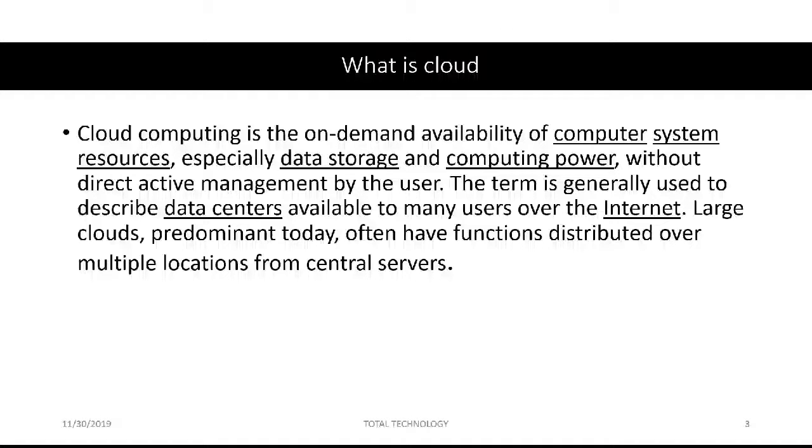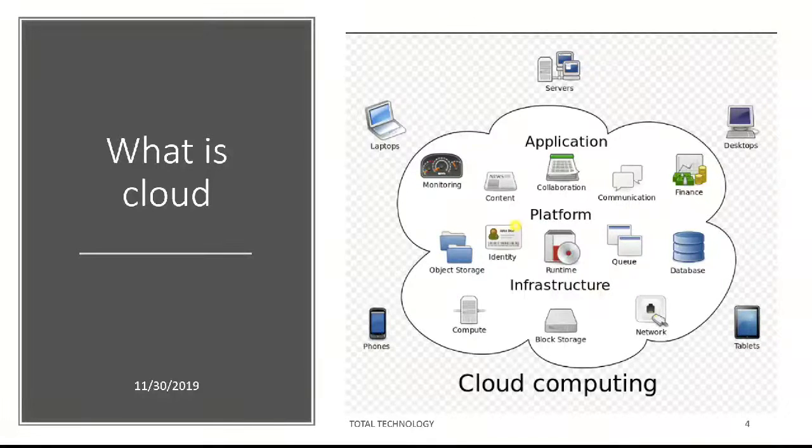So let's move to the next slide. This is a pictorial overview of what cloud computing is today. In a cloud, different types of infrastructure, platforms, and applications are offered. You can use computing infrastructure and block storage, meaning you can host your files there.